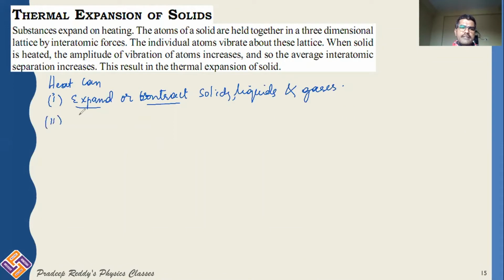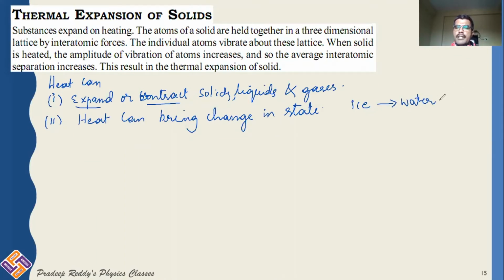And the second thing is, heat can bring change in the state of the system. Say for example, ice: you are heating ice, as a result it gets converted to water. If you are heating water, it gets converted to vapor. Likewise, if you are cooling vapor, it gets converted to water, and if you cool water, it gets converted to ice, vice versa.